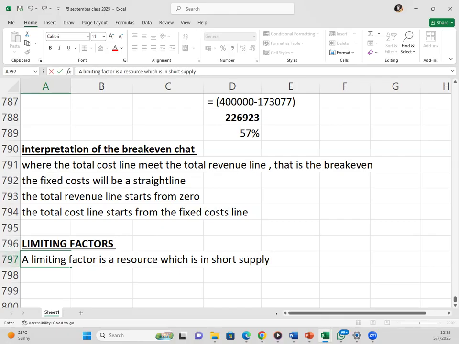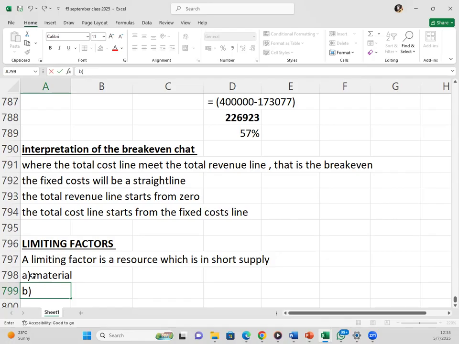So our limiting factor could be that resource which is limiting us. It could be material. So the capacity is there. We do have the machines, but the source of material is not available. So maybe the suppliers are not getting the materials that we need.